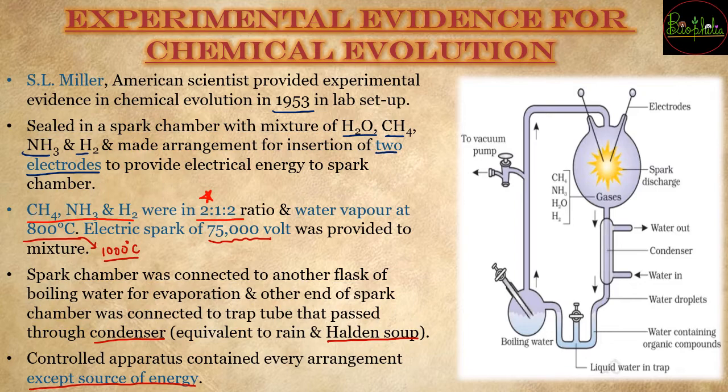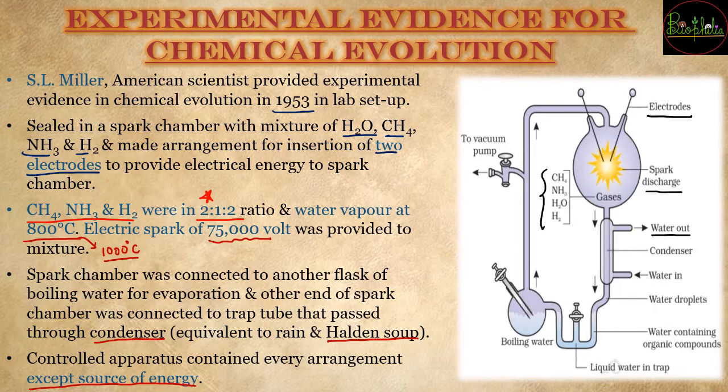But before that, let us see this particular apparatus in detail. There were electrodes at the top, because questions are asked based on this particular setup, that is the chamber. So there was a spark discharge, there were many gases kept, and these gases had the water outlet coming into the condenser.